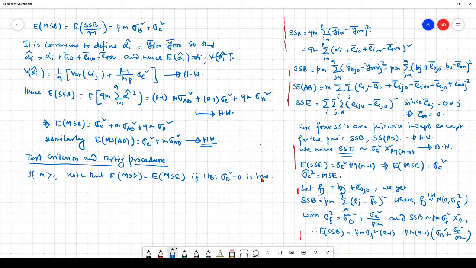So see that for testing HB, the valid error is MSE. We also observe that for random effect model, this is MSAB valid error. Again, for fixed effect model, this is MSC. So random fixed effect model and mixed effect model, for testing HB, the valid error is same, that is MSC. But for random effect model, it is changed and it is MSC. So this is the difference. Please note down these portions.